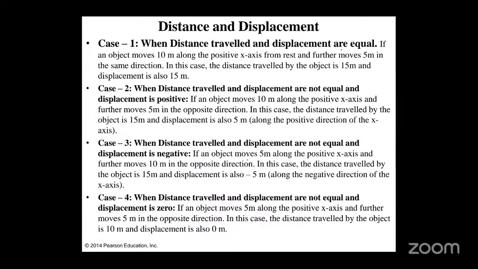Now, 4 cases that we need to know about distance and displacement. When distance traveled and displacement are equal. If an object moves 10 meters along the positive x-axis from rest and further moves 5 meters in the same direction, in this case, the distance traveled by the object is 15, and the displacement is also 15.